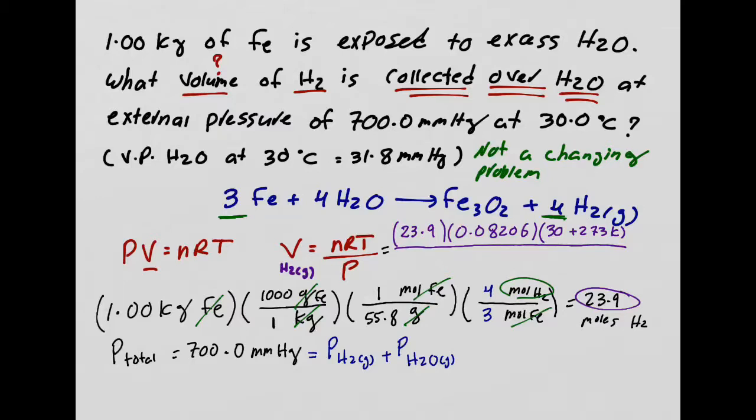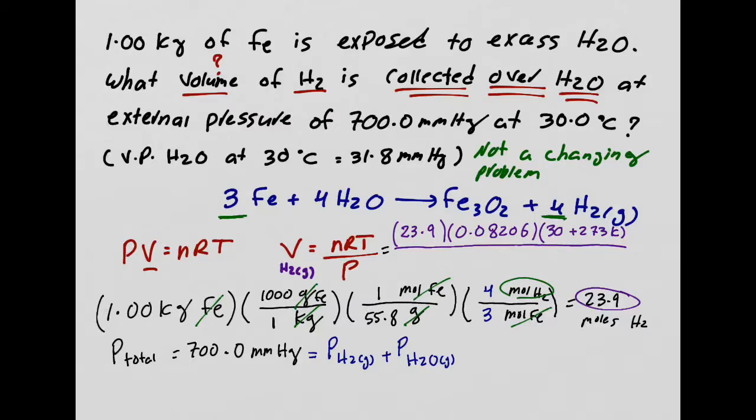We're good so far? Okay. So how could you get just H2? Because all you want is just H2. So the total, 700, is H2 plus H2O. Now read this problem. They tell you that the vapor pressure of water at 30 degrees is 31.8 millimeters of mercury.